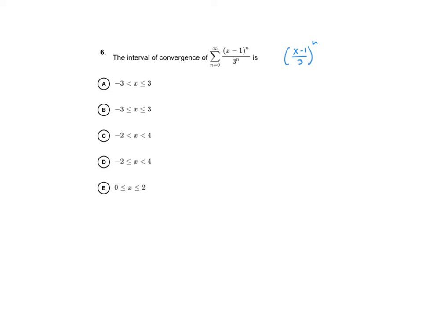We don't even have to do a ratio test. Then multiply by 3, and then add 1. Since this is geometric, it never converges at the endpoints, so we don't even have to test them. So we know this is going to be C.